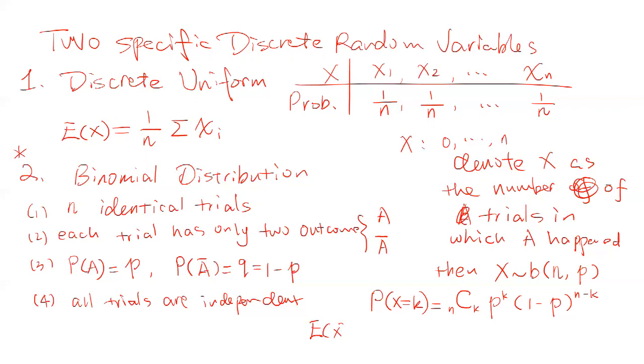The expected value of X is given by this formula. Similarly, the variance of X is npq, and the standard deviation of X is the square root of npq. These are all the knowledge we have learned so far.